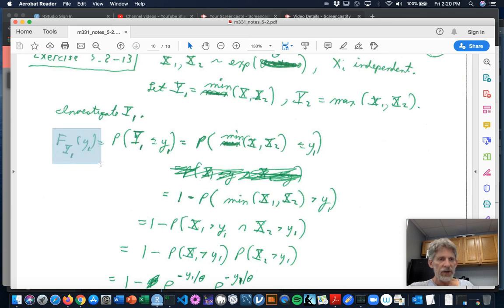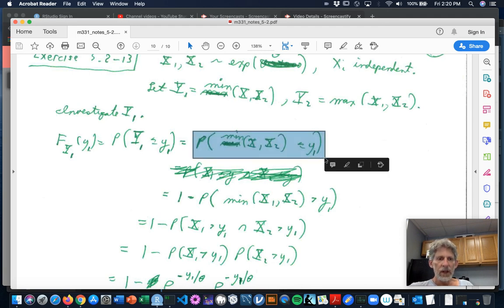So let's go for the CDF of capital Y1 at any possible little y1. We're looking for the probability that capital Y1 is less than or equal to little y1. What's the probability that the minimum of those two variables, x1 and x2, is less than or equal to y1?